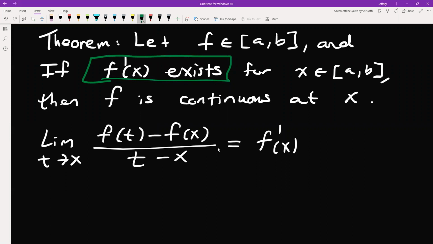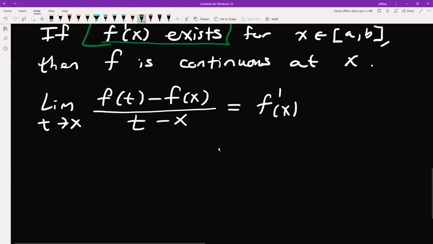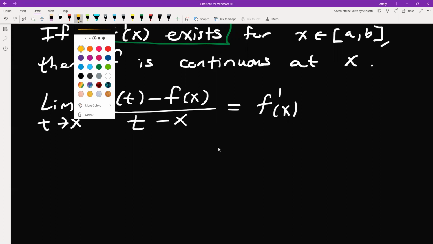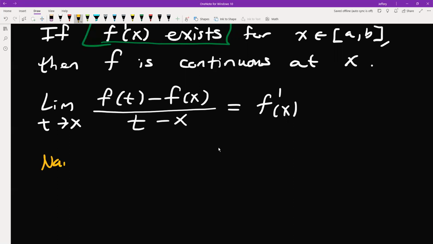So what does it mean that f is continuous? We'll just look at a rudimentary or sort of naive definition of continuity for the moment. Let me write down, this is a naive definition of continuity.